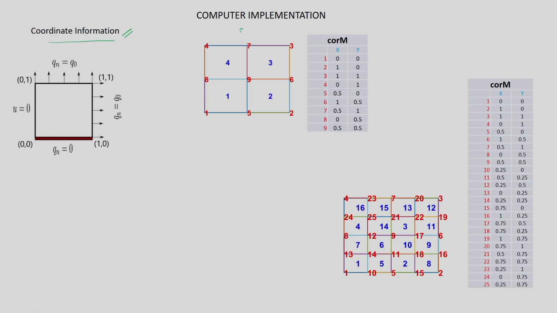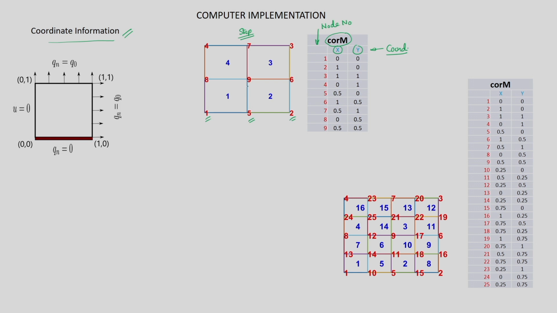So, in step 2, what we have done, the local number we have kept the same, and we have formed a coordinate matrix. The column corresponds to x and y coordinate of a given node. So, this column corresponds to the global node number, and these are basically the x and y coordinates, alright.